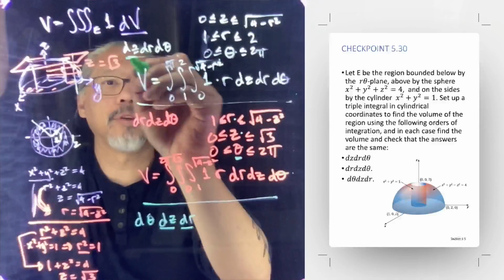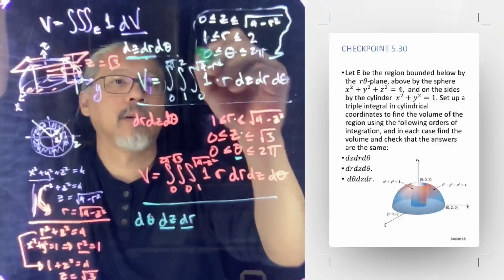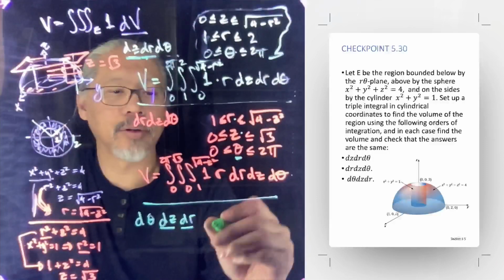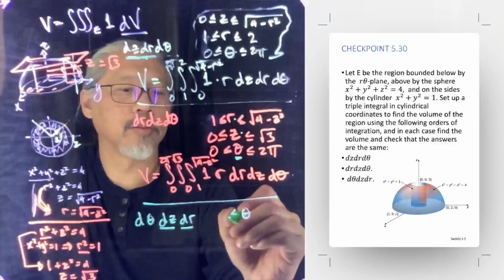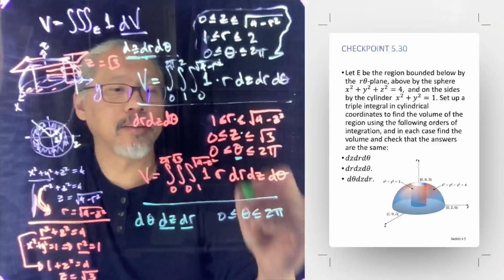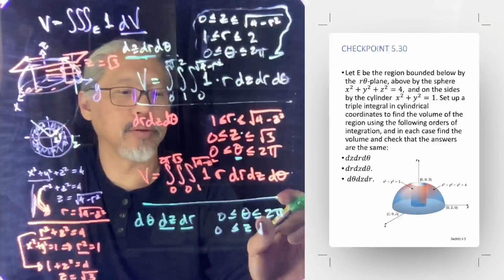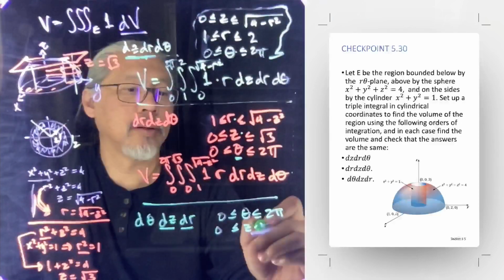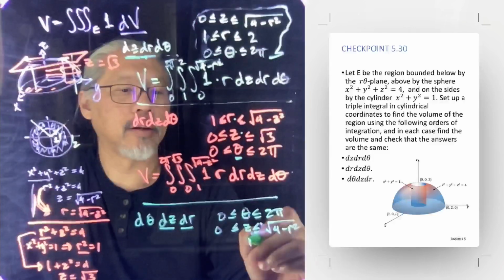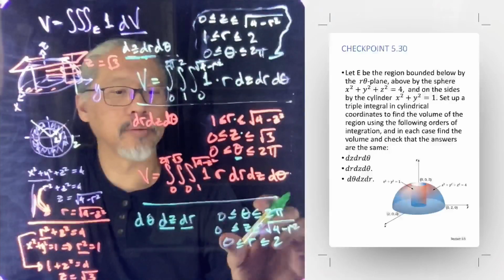I would use this order over here and then use these limits, and I would just switch the order. So theta would go from 0 to 2 pi like it's always done. And then z goes next from 0 to the square root of 4 minus r squared, and then our r goes constant limits from 1 to 2.